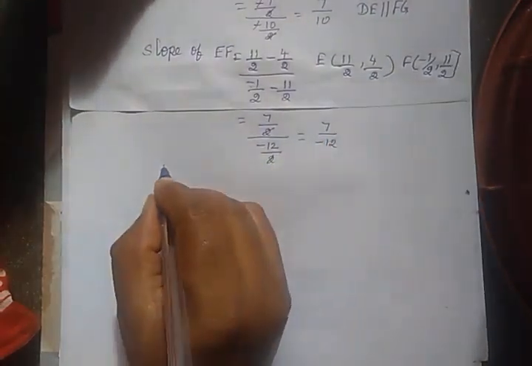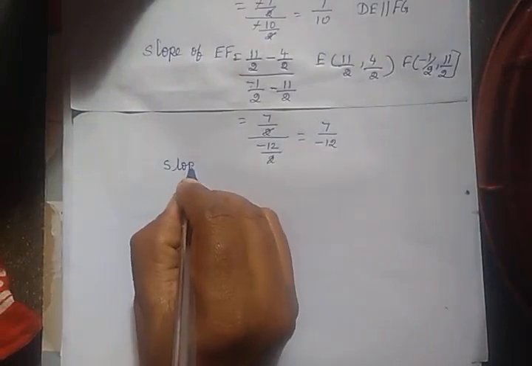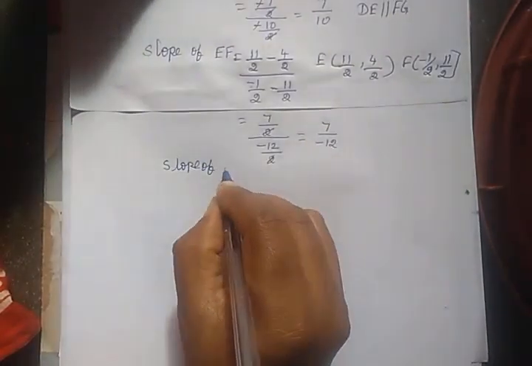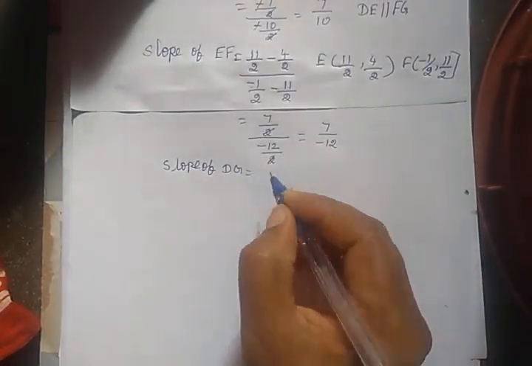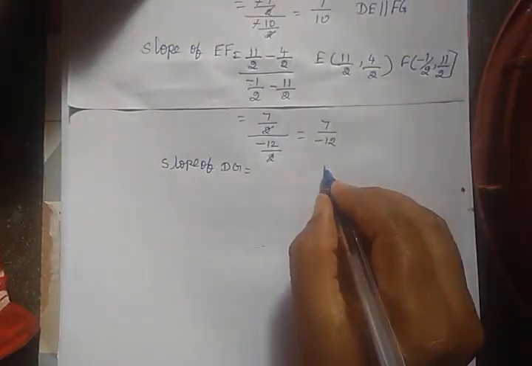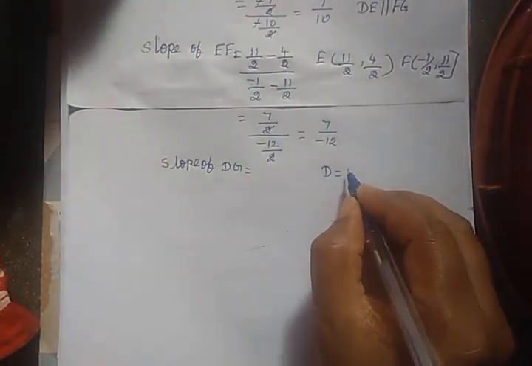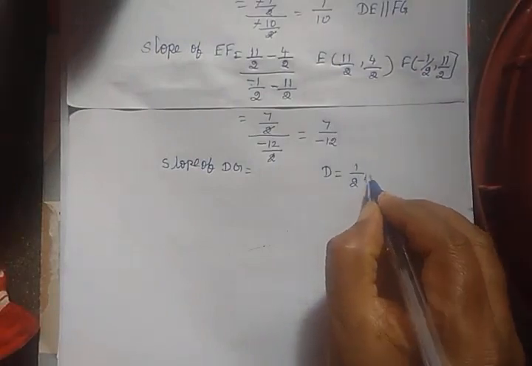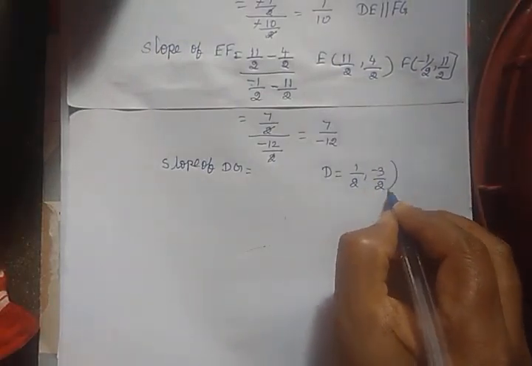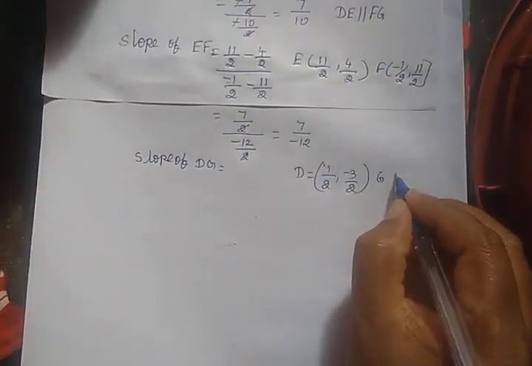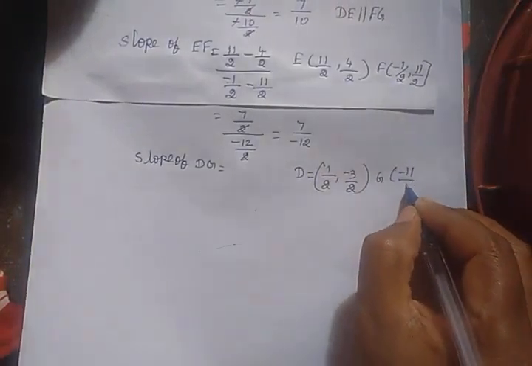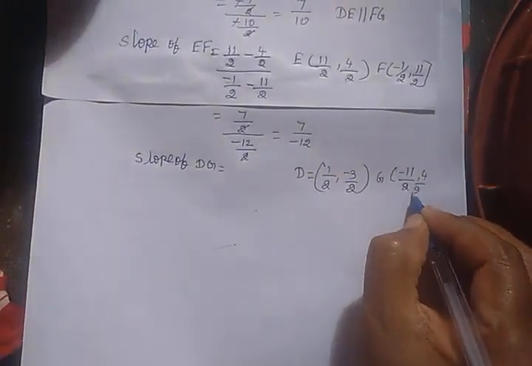Next, slope of DG. The point D is 1 by 2, minus 3 by 2, and G is minus 11 by 2 and 4 by 2.